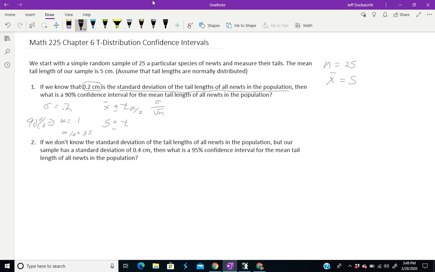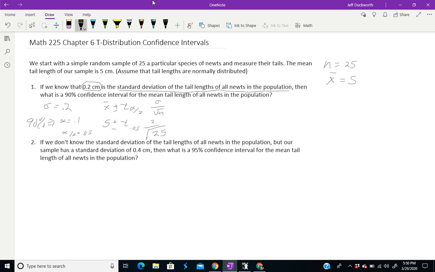So this is going to be t of 0.05, and then our sigma is 0.2, and the square root of 25 is 5, but we'll just do that. Let's write that a little bit bigger.